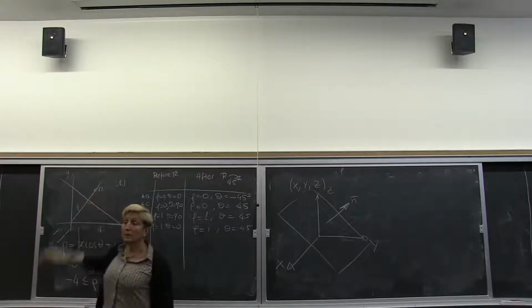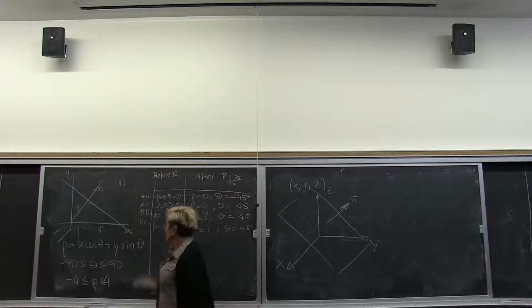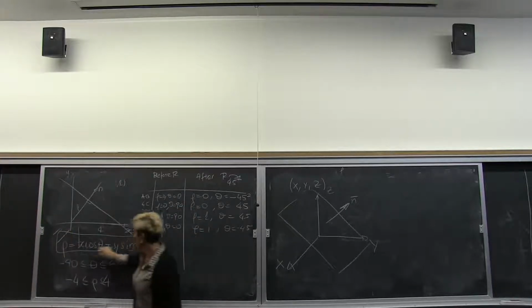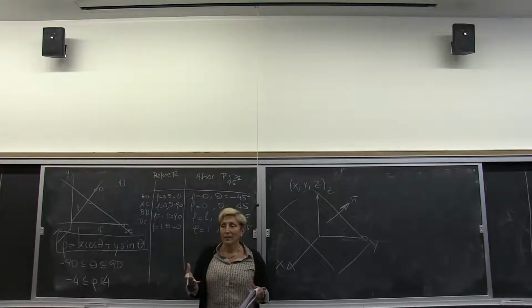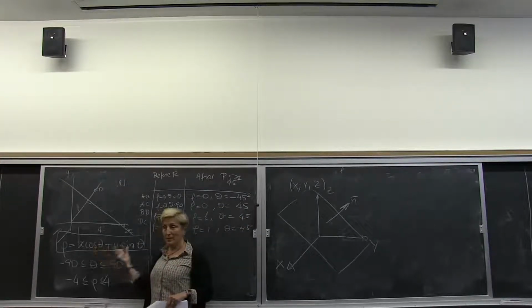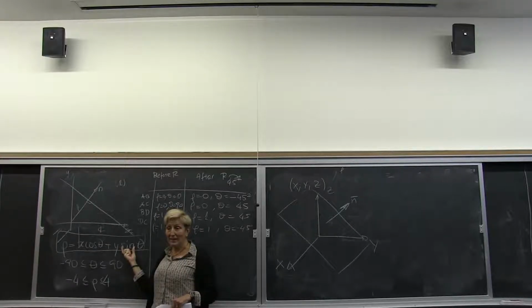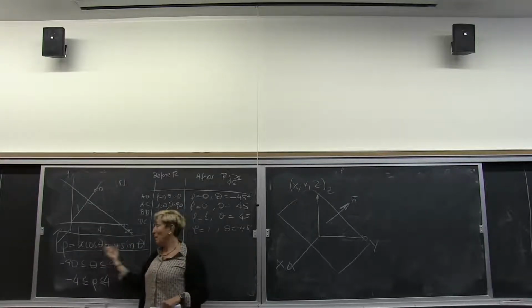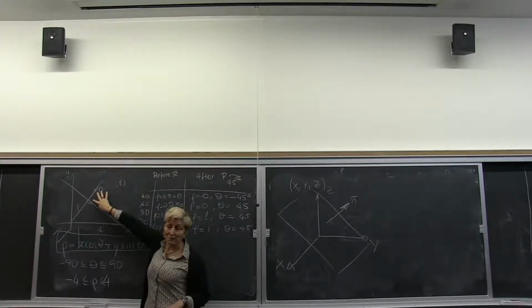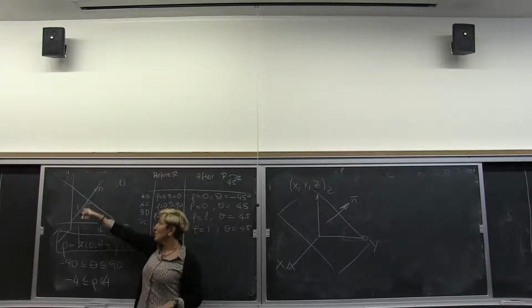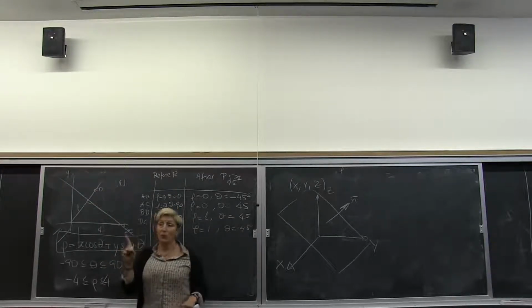This is the normal of the line, correct? In this equation, where is the normal? The orientation of the line is given by the normal here, right? Cosine theta, sine theta are the coordinates of this normal vector. It's a vector in this orientation, and not only that, but it's unit norm.